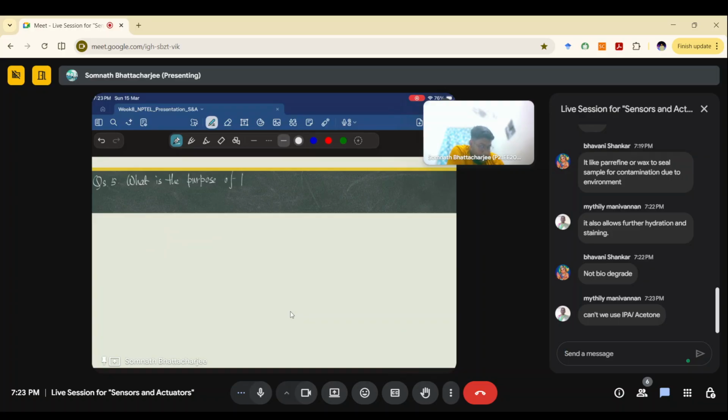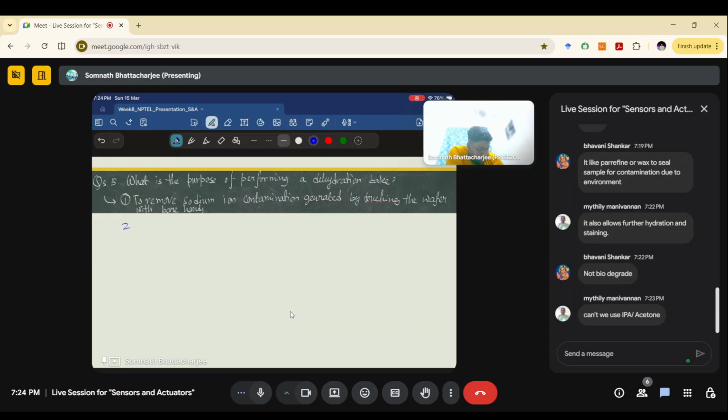Purpose of performing dehydration bake. One, to remove sodium ion contamination generated by touching the wafer with bare hands.